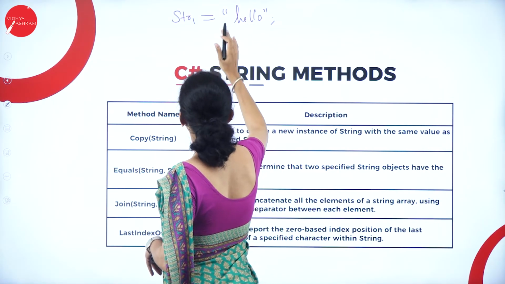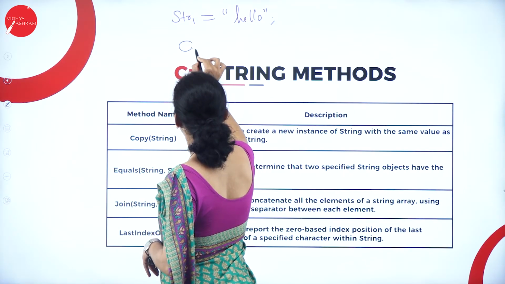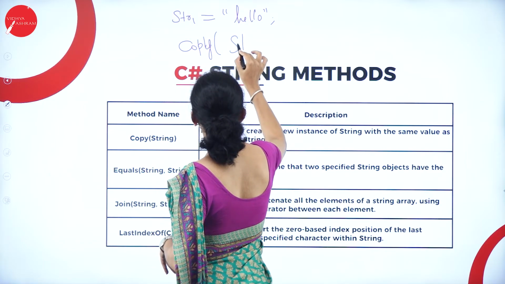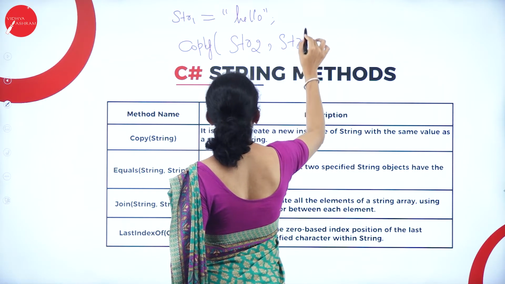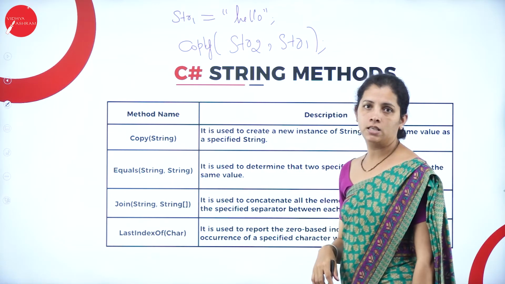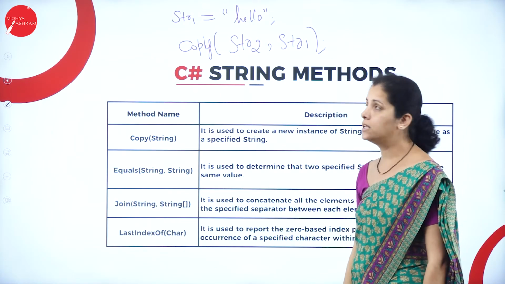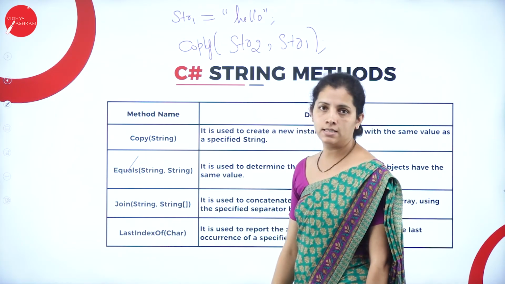Now I want to copy this string to another string. So Copy(str2, str1). Suppose I want to check whether both the strings are equal, then I'm going to have string Equals.